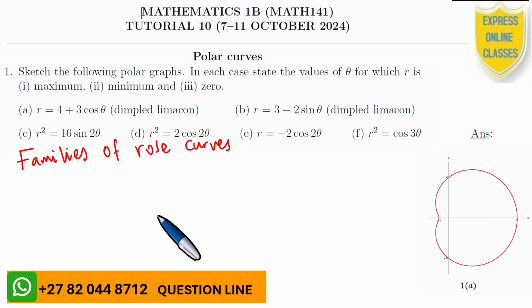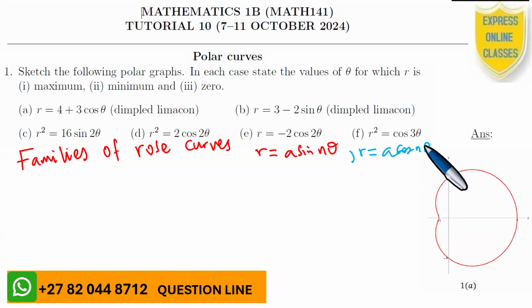Now, the notion of rose curves stems from a curve that is r equals a sine n theta, or r equals a cosine n theta.